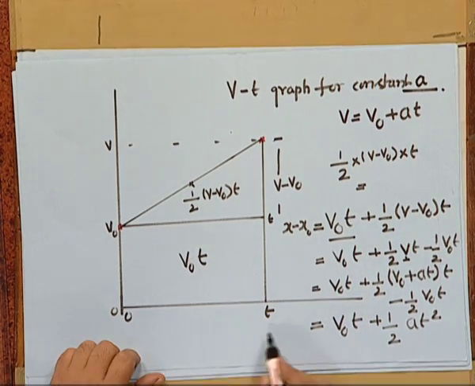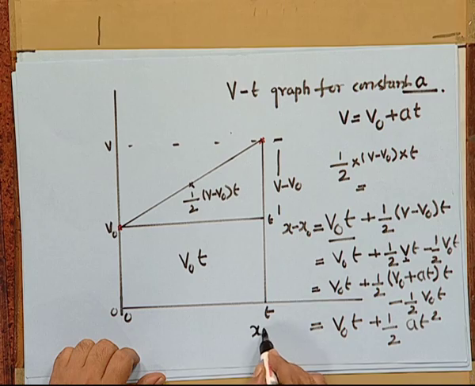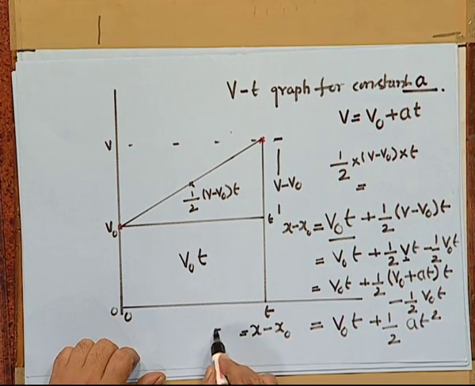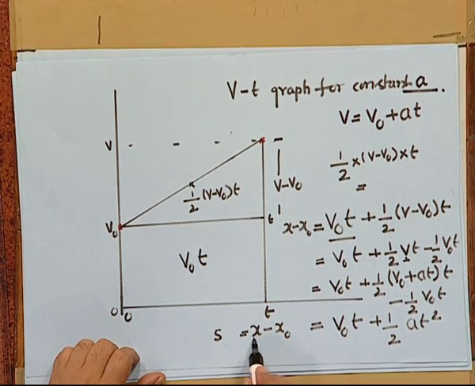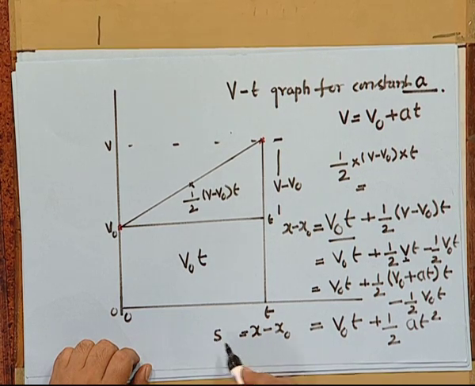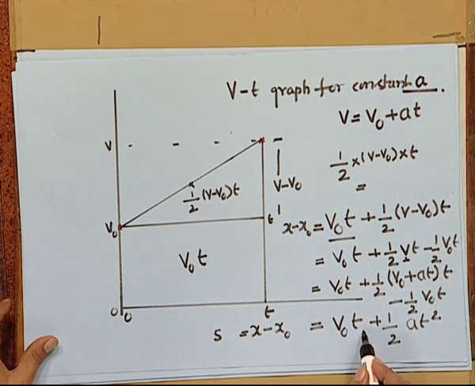Now, this x minus x 0, which is the displacement, if I use the symbol s, x minus x 0 is the change in position coordinate. If s is the displacement, s is equal to v 0 t plus half a t squared.